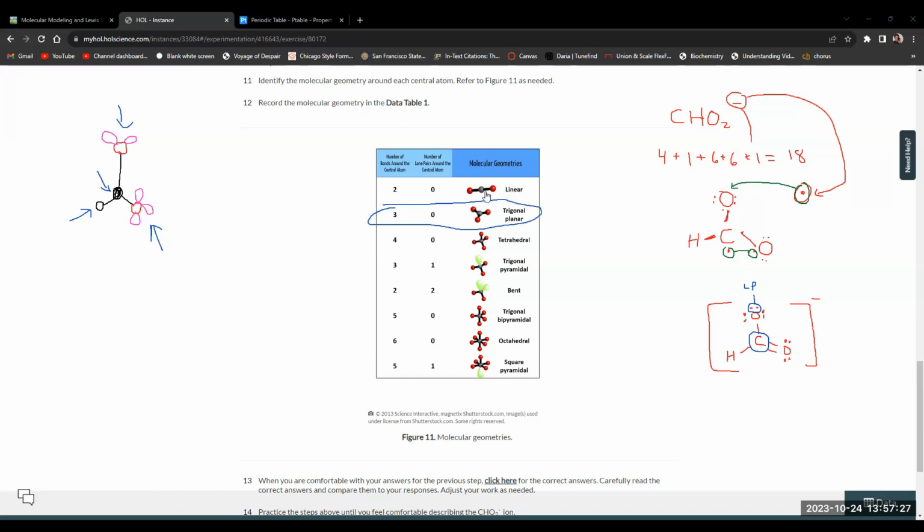So probably linear. I'm not taking into account the central atoms that would be left if I remove the hydrogen. This is just a whatever situation. So does everyone understand how I got trigonal planar?